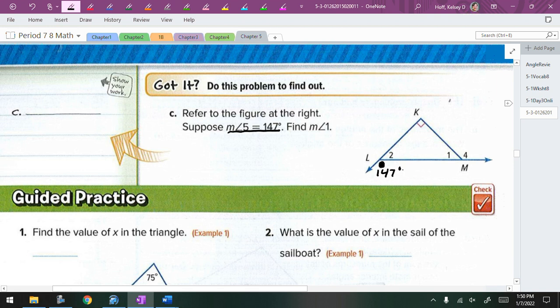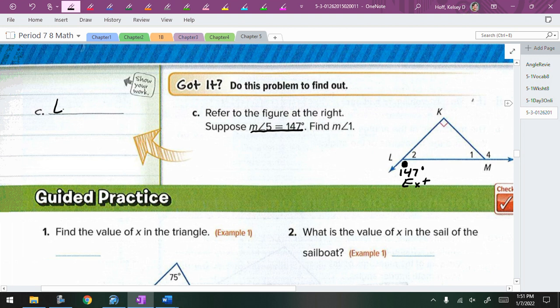Now, this whole day we've been talking about interior angles and exterior angles of a triangle. What type of angle is 147? Exterior. It's outside the triangle. It is obtuse, but not exactly what I was looking for. So we know we're going to have to come up with Miss Hoff's little phrase of exterior equals interior plus interior.